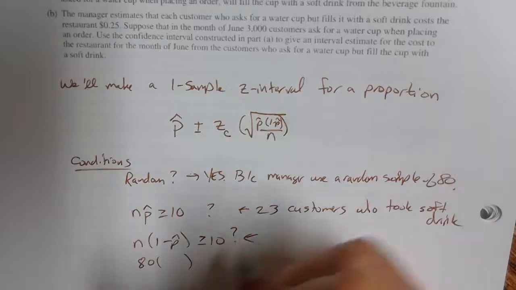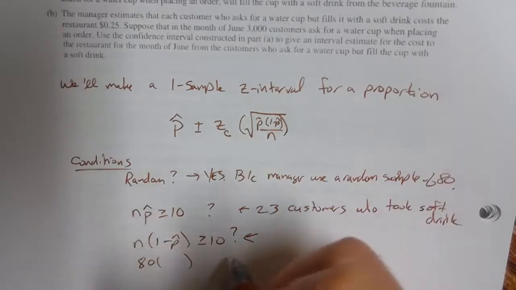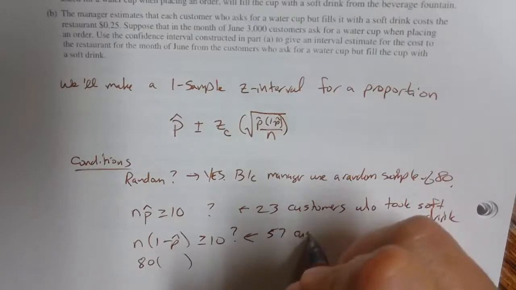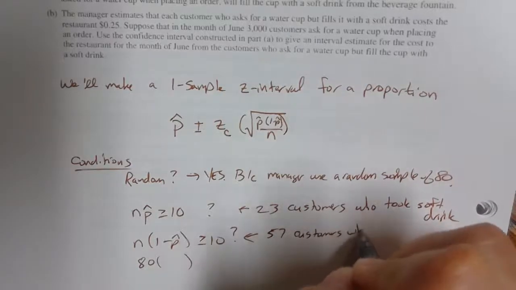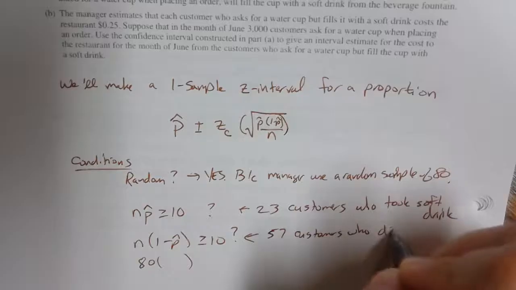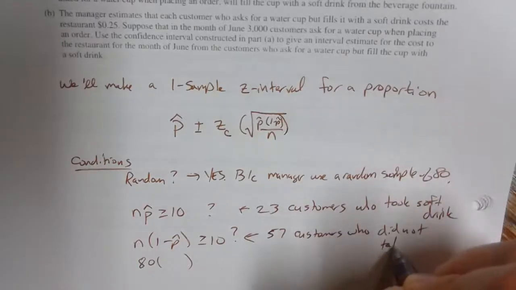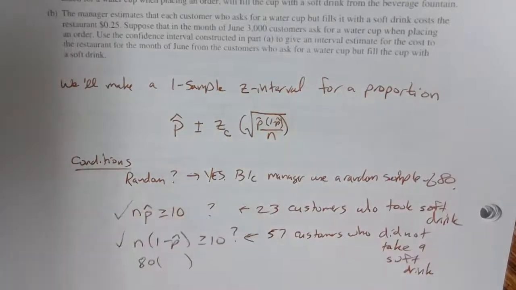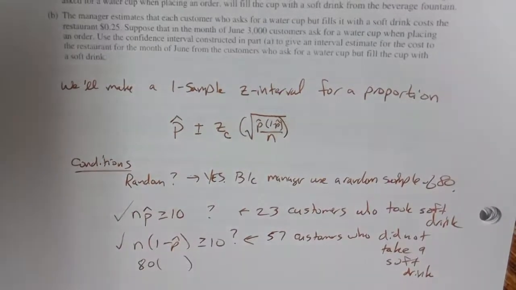I'm just taking my 80 customers and breaking them up into the two groups here. There are 57 of them who didn't. So we have more than 10 in each group, and this is appropriate, so we have enough samples to make sure that we can use a normal distribution.